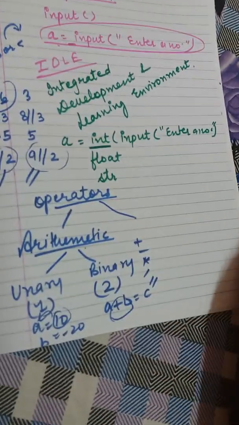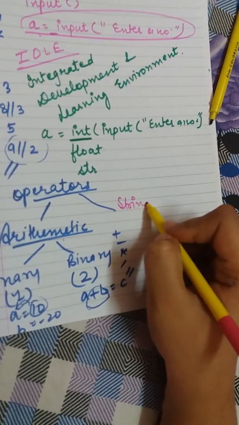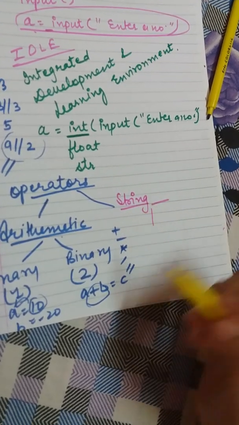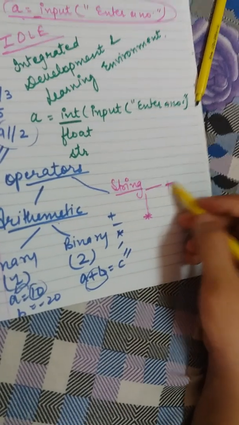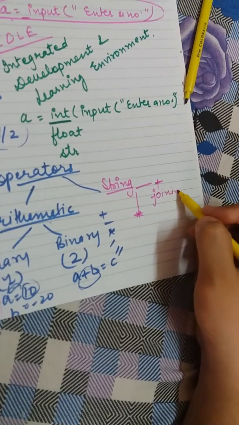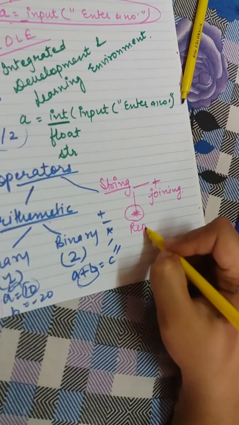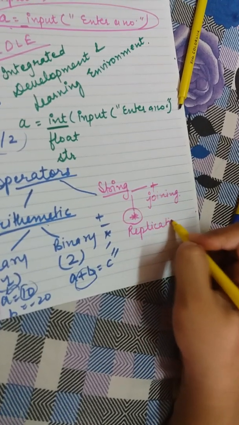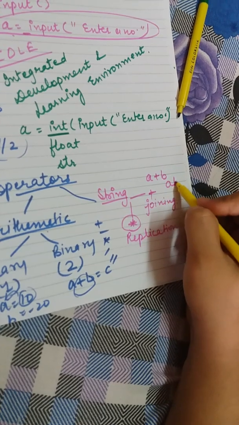Now coming to the second category of operators, that is string operators. Beta, there are two types of string operators, multiply and concatenation, that is the plus symbol. Concatenation means joining, and multiply means replication. For example, if you are writing a plus b, it will be written as ab.